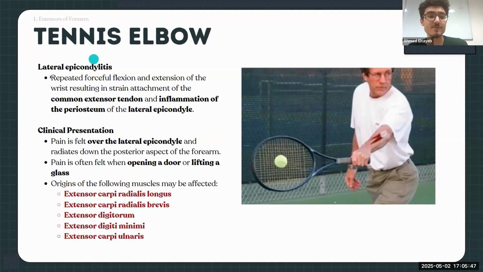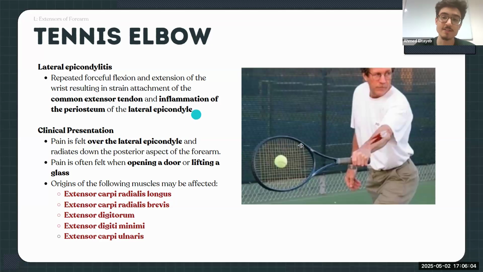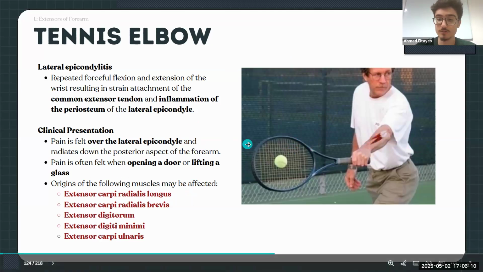Now, what comes from the lateral epicondyle? We said that what arises from there are the superficial extensor muscles. So you're going to see extensor carpi radialis longus, brevis, extensor digitorum, extensor digiti minimi, extensor carpi ulnaris. What about brachioradialis? No, that is coming from the arm. It's coming from your humerus, that's where its origin is, so it's not affected here at all.